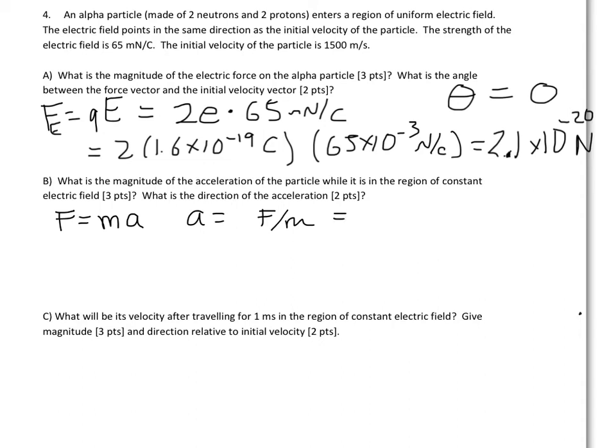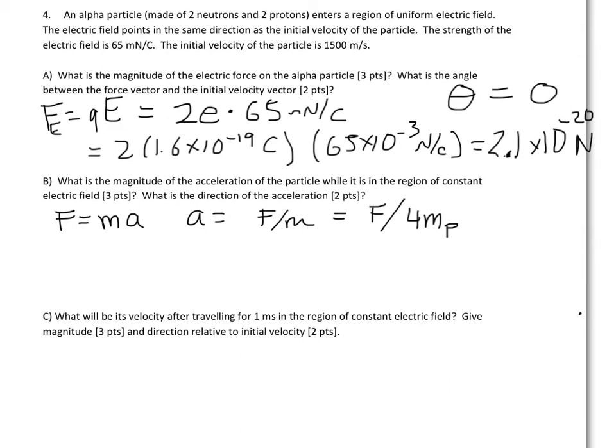Now in this case, the mass of the particle is going to be 4 times the mass of the proton. The mass of the proton is close to the mass of the neutron. The datasheet shows that the mass of the proton and the mass of the neutron are the same to 3 significant figures.